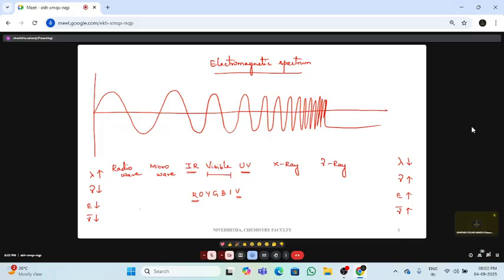Among infrared and UV, which has the higher wavelength? Infrared. Very good, Kana.